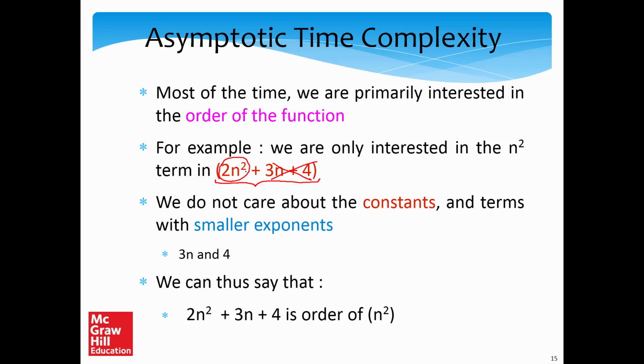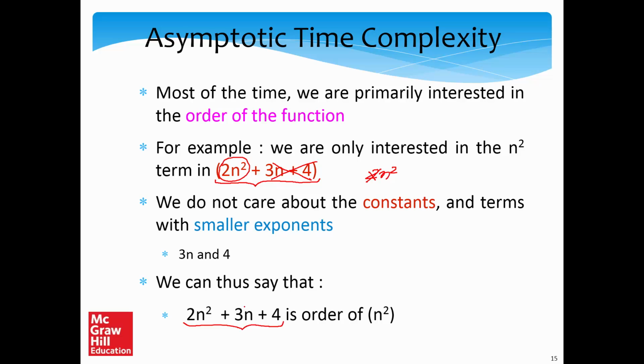Again, it's being mathematically inaccurate, but we shall see that there are some advantages to this. Even for the 2n square, while broadly thinking of the approximate time, we can ignore the constant 2, and say that this function grows as n square, ignoring constants. So it is possible to say that a function of the form 2n square plus 3n plus 4 is the order of n square.